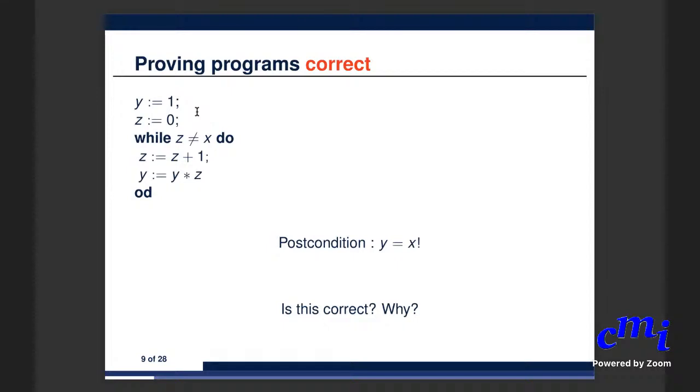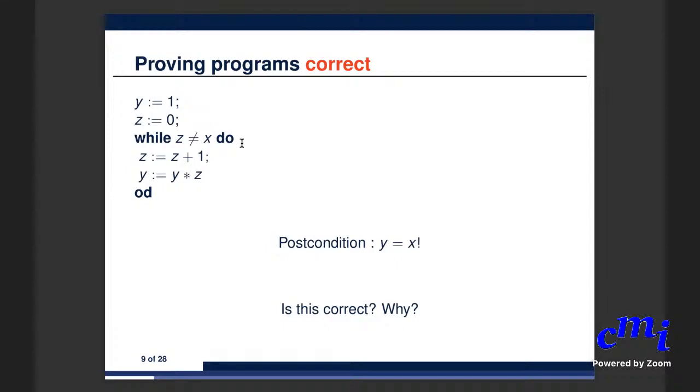If you assume that x is an unsigned integer, then it is okay. But if x can be any integer, then firstly, I don't know how you define factorial on a negative number, so there will be some issue.